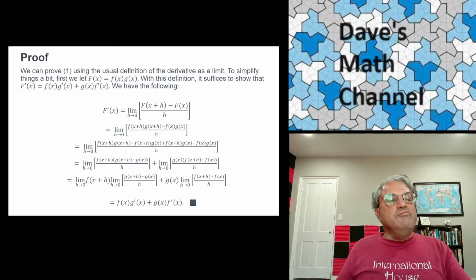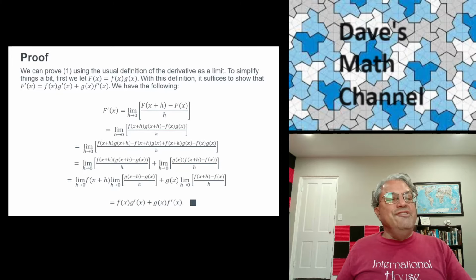So remember that capital F is just little f times little g. So we replace capital F of x plus h with little f of x plus h times little g of x plus h. And then we're subtracting capital F of x, which is little f of x times little g of x. And then we're dividing the whole thing by h.